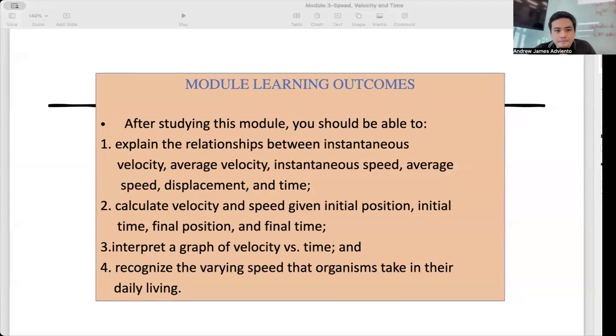By the end of this module, you should be able to explain the relationship between speed, velocity, displacement, and time.